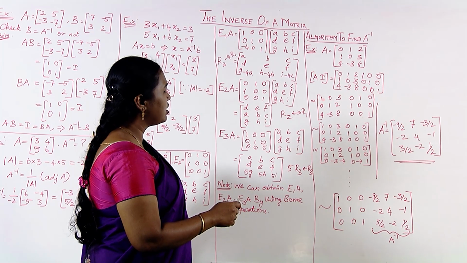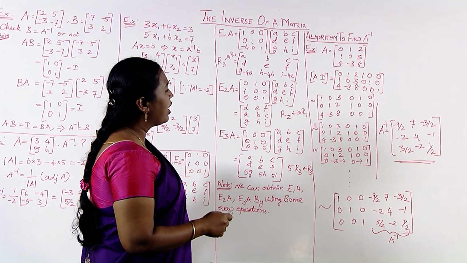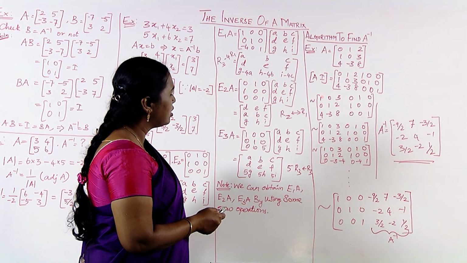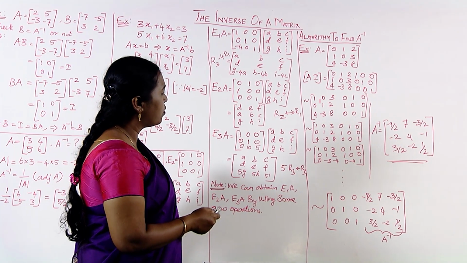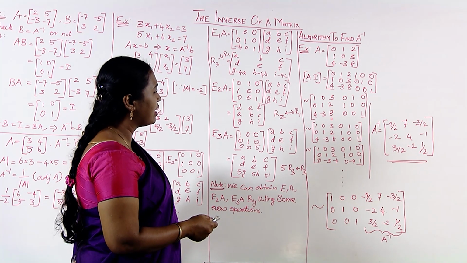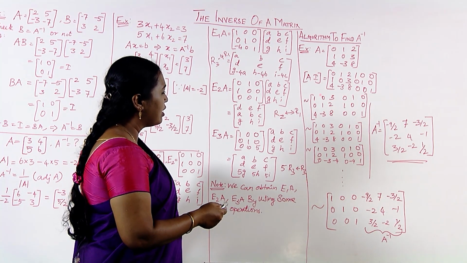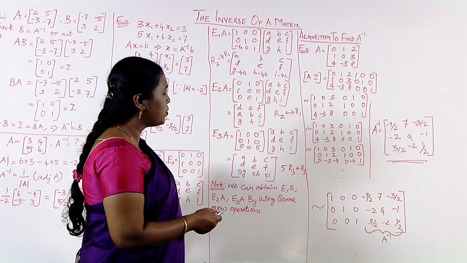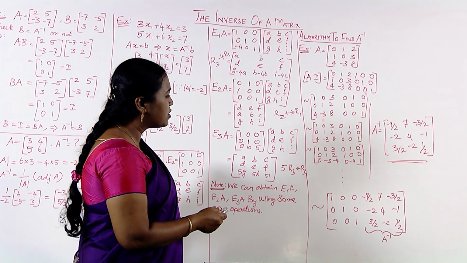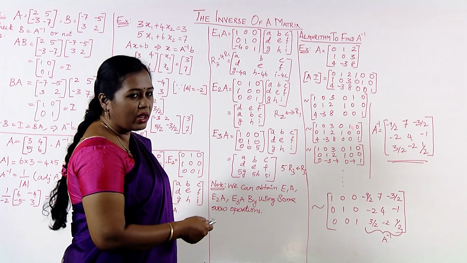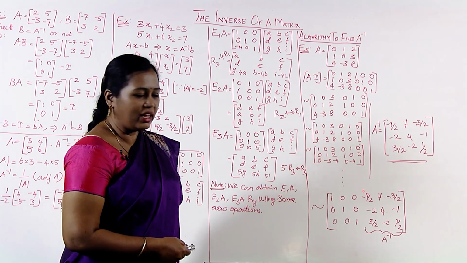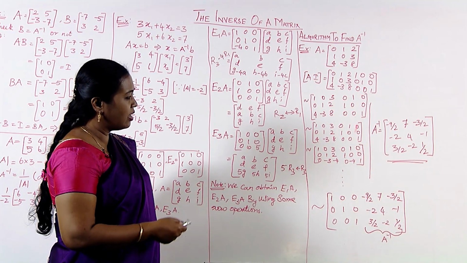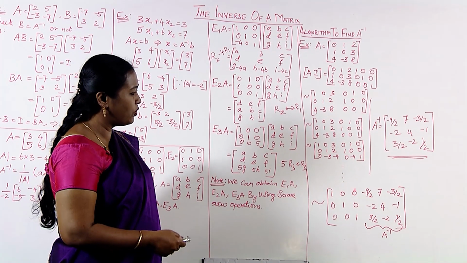To change this into the identity, I can do any operations I want. For example, I can merely subtract 1 row from another, and I can get another term here, thereby coming closer to 0 0 1. I can try to make these 2 terms 0 first. If you proceed in this method, the learner can try and do it on your own. For lack of space I have done only a few operations.